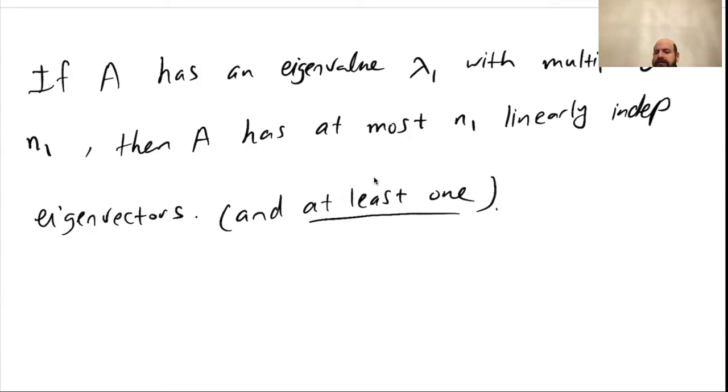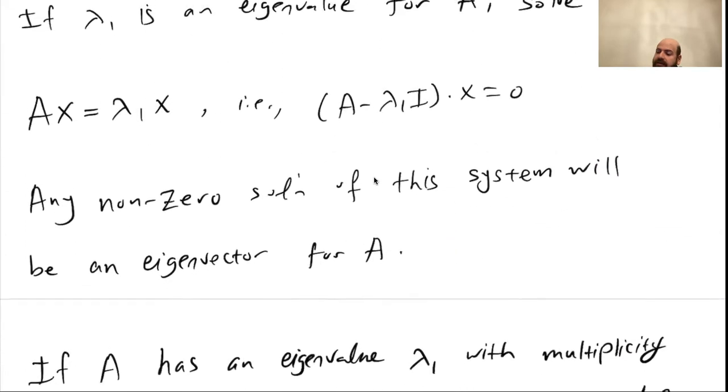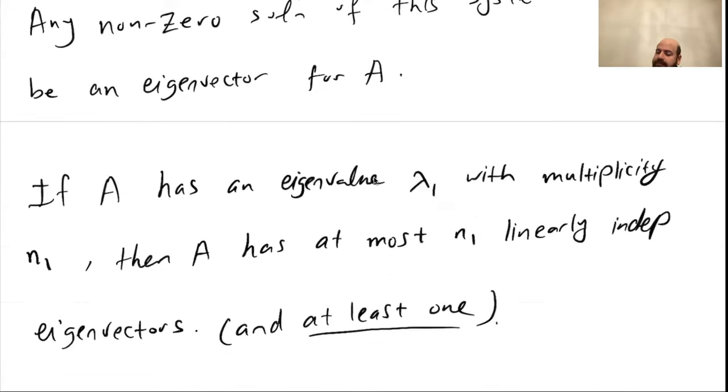But if multiplicity, let's say, is 2, then you will have at least one and at most two linearly independent eigenvectors, which means either one or two. So this is about the number of linearly independent eigenvectors. So you will find eigenvalues and eigenvectors for A.